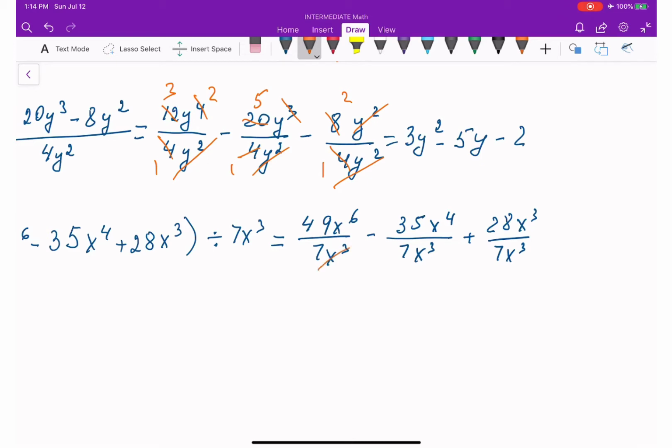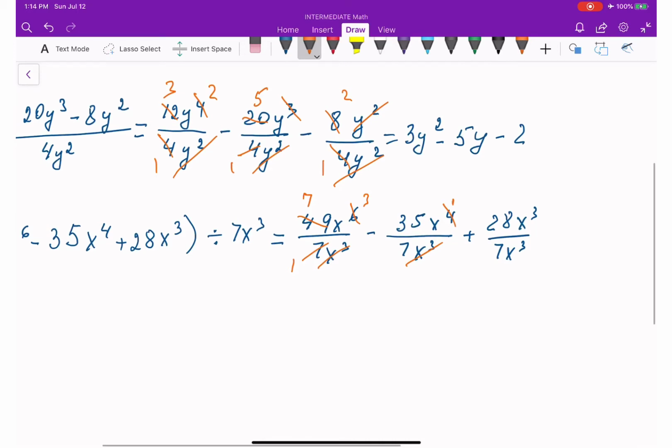X to 3 is gone. From 6 will be left 3 because 6 minus 3 is 3. 7 is cancelling with 49, will be here 7. Okay, next one. X to 3, x to 4. X to 3 is gone. Here will be only x to 1. 7 and 35, 7 is gone, and 35 divided by 7 is 5.